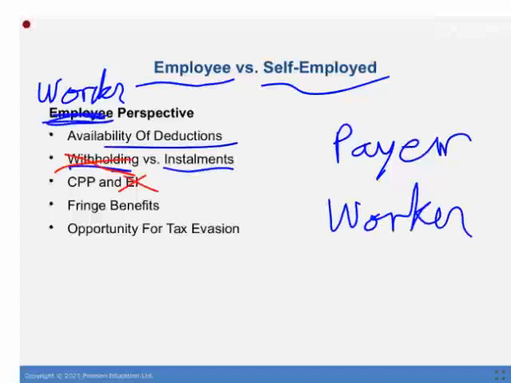Self-employed people don't pay EI premiums. In theory, you could look at that and say that's good, but that also means you can't participate in EI.